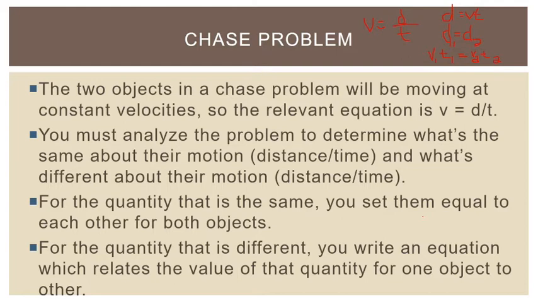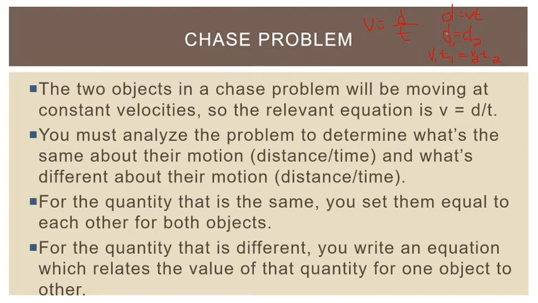as it says here, for the quantity that is different, you write an equation which relates the value of that quantity for one object to the other. What does that mean? Well, I'm going to stick with this example that I've used so far. In this problem, well, actually, let me back up for a second.